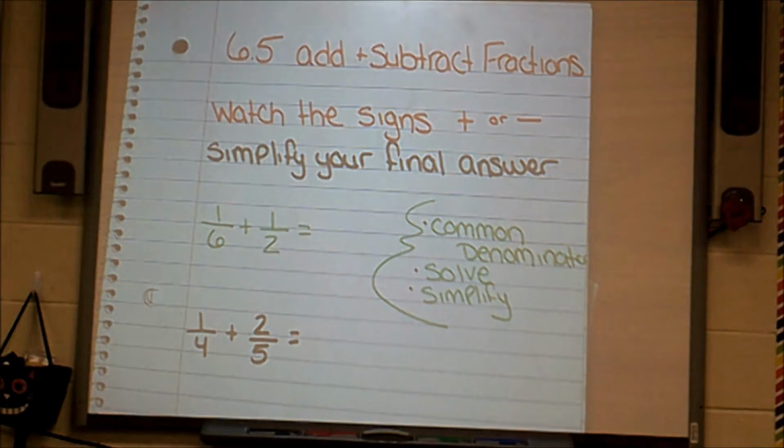1/6 plus 1/2. Step 1 says I need to get common denominators if I do not already have them. And as I look at that problem, I notice that my denominators, my bottom numbers, are not the same. So I'm going to work to be able to get them.